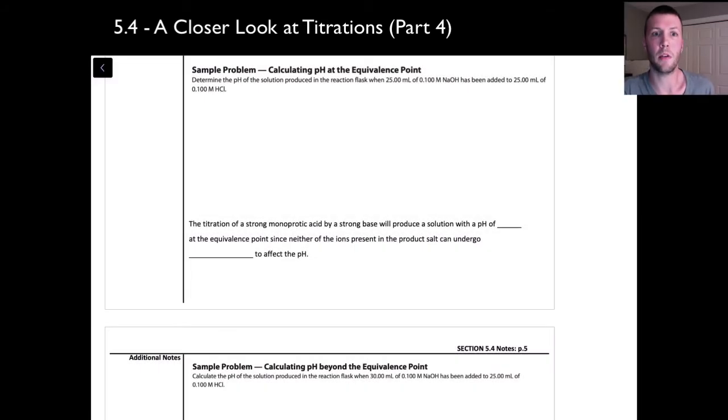In this problem, we're going to calculate the pH at the equivalence point. So we've now added 25.00 mL of 0.1 molar sodium hydroxide to our 25.00 mL of 0.1 molar hydrochloric acid. We're going to start the problem the exact same way, calculating the initial concentration of hydrochloric acid and sodium hydroxide, taking into account the dilution effect.